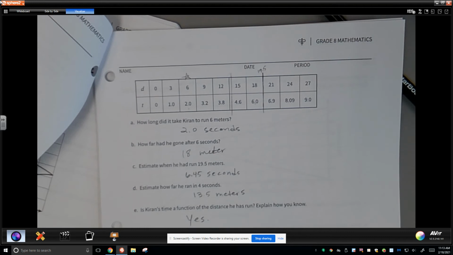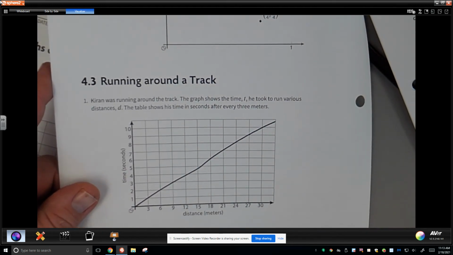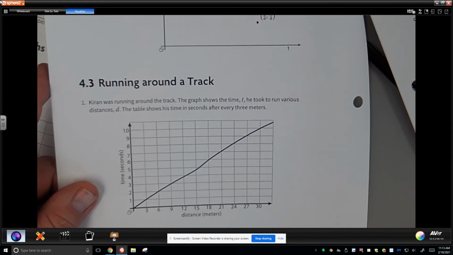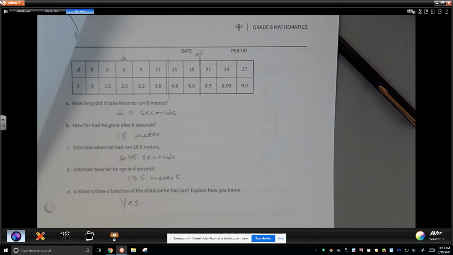We can't say that he had a constant speed because this line for his graph is not a straight line, but we can see for a fact that his distance, or the time, came as a result of however far he ran. So the time was dependent on starting and stopping with his distance.